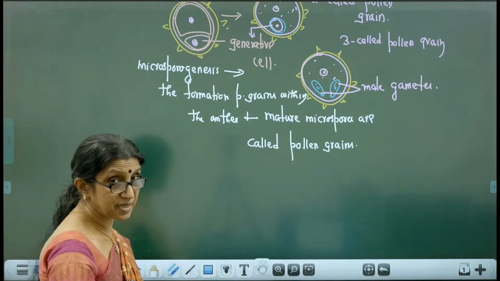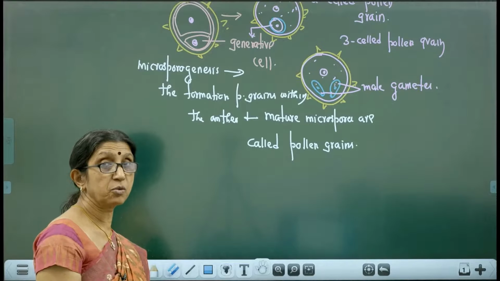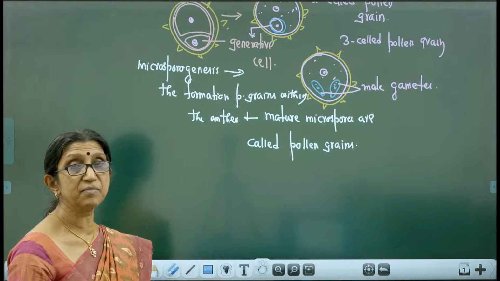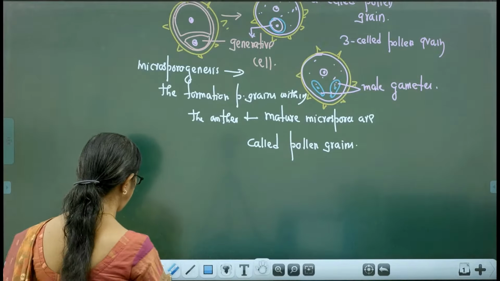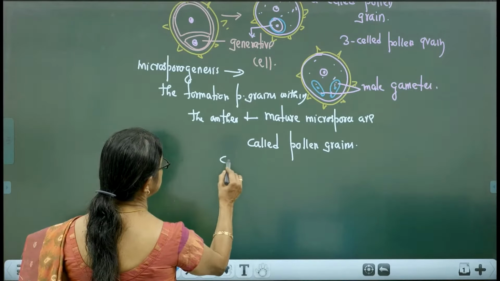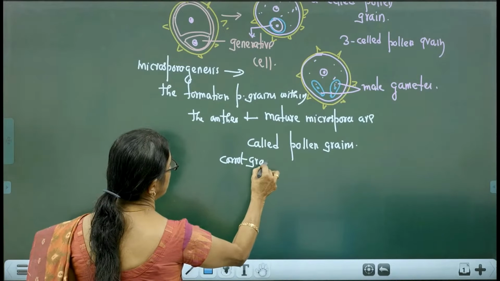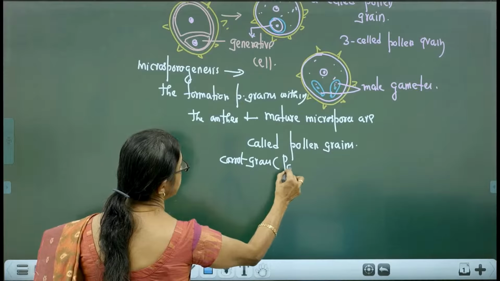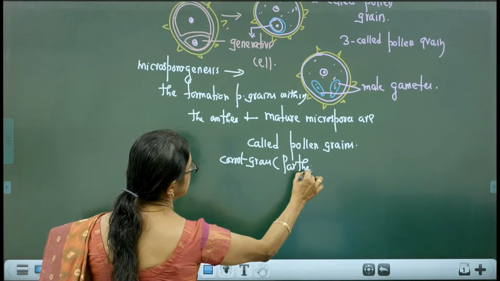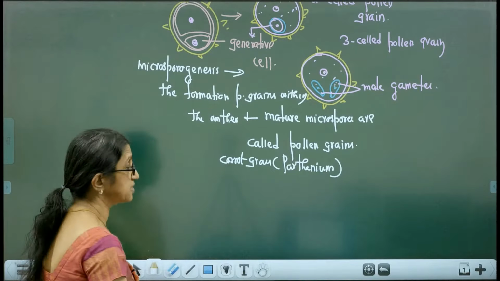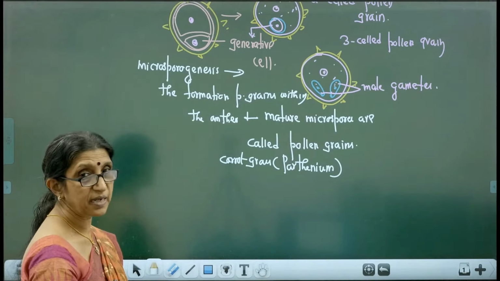A typical example for a pollen causing allergy is the pollen grains of Parthenium, commonly known as carrot grass.